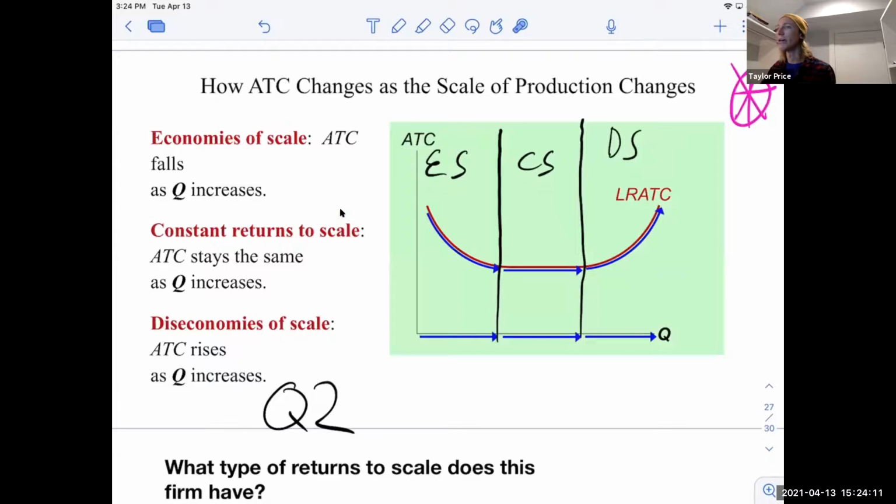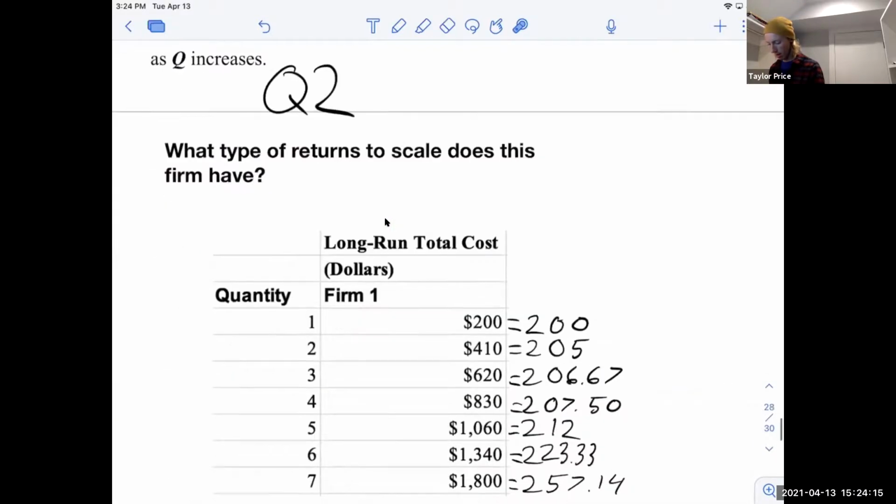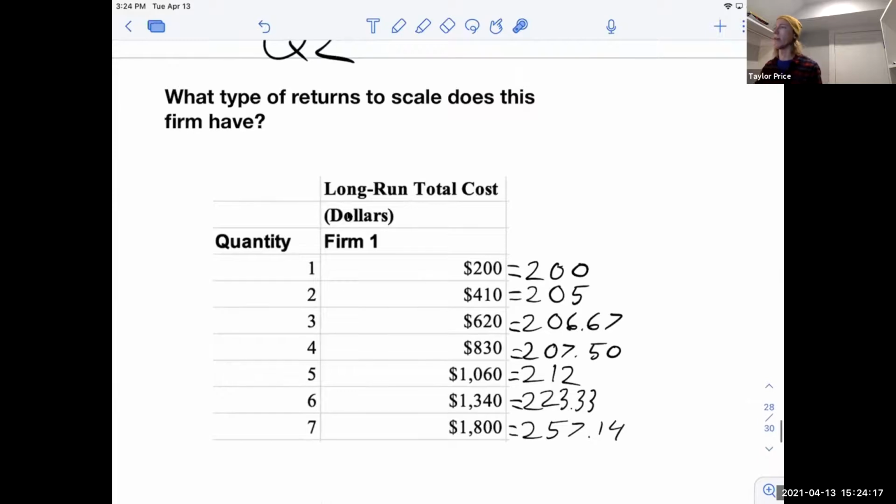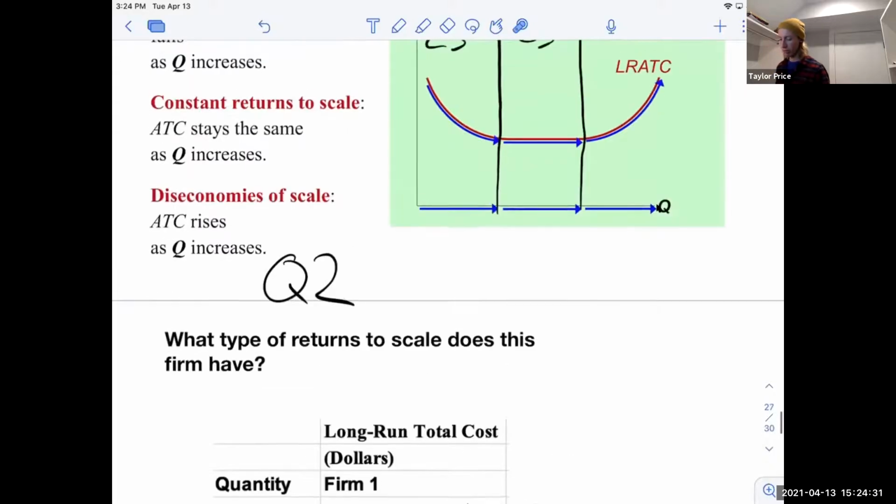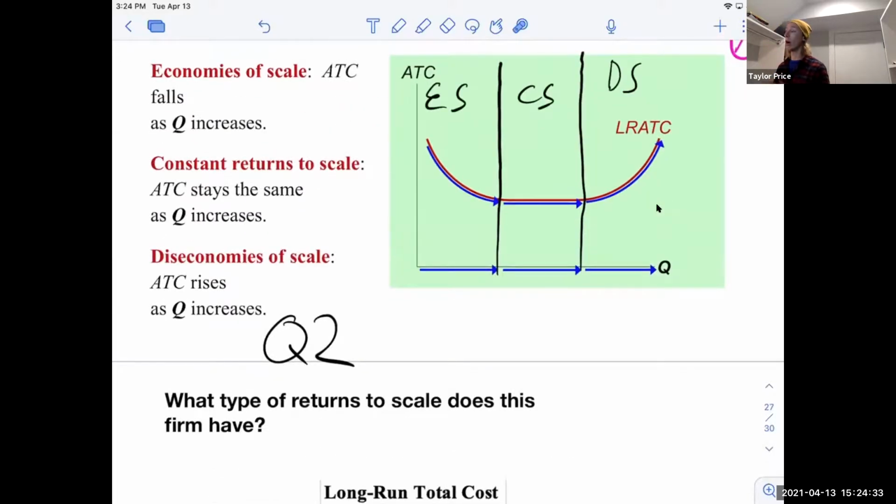It should be diseconomies of scale because you're seeing the ATC rise as you produce more of a good. But I think, yeah, I messed up the correct answer in top hat. It should have actually been diseconomies of scale, not economies of scale, because you're seeing here the average total costs are increasing as you produce more.